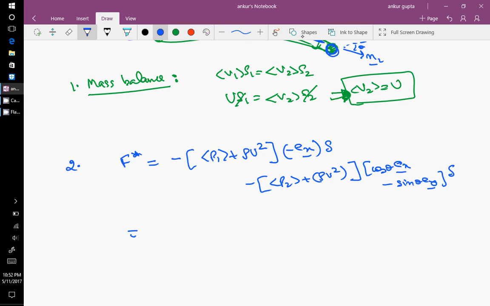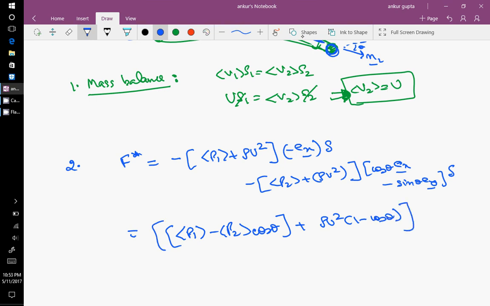And let's write this down as p1 minus p2 cos theta into rho u square into 1 minus cos theta into ex plus p2 into sin theta into rho u square theta.